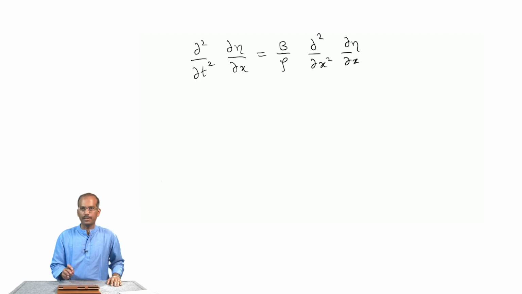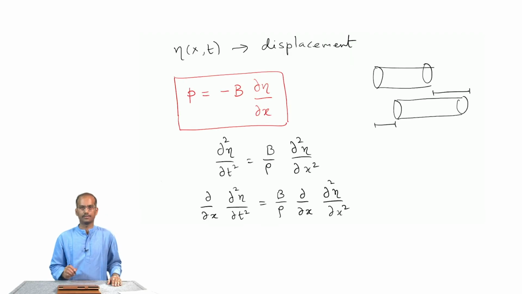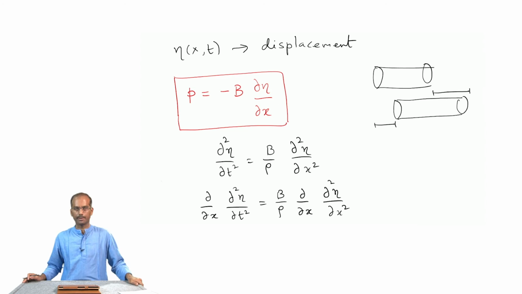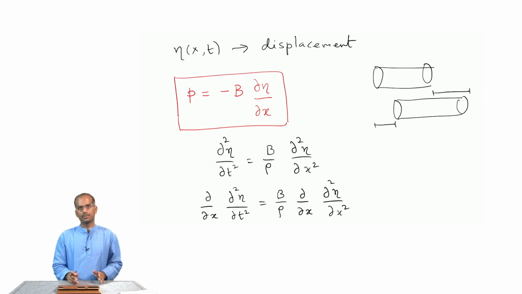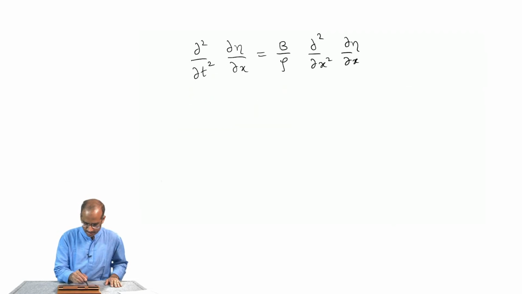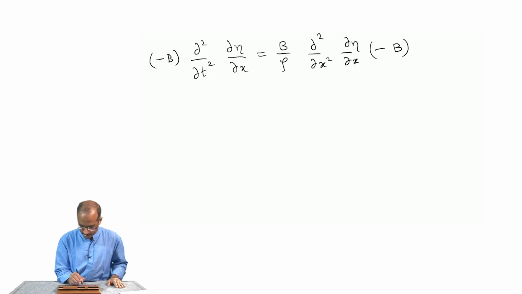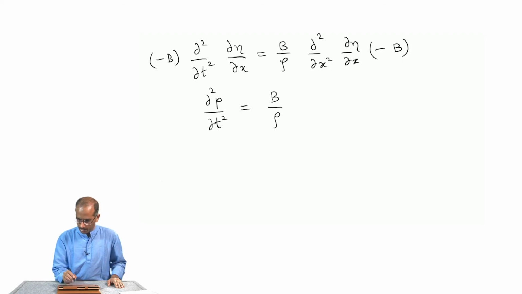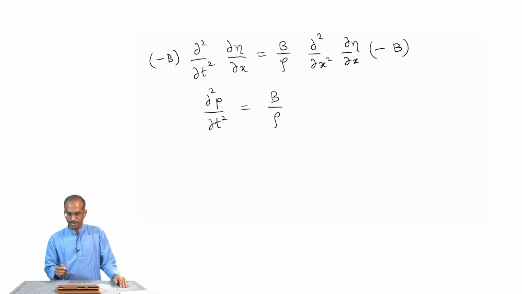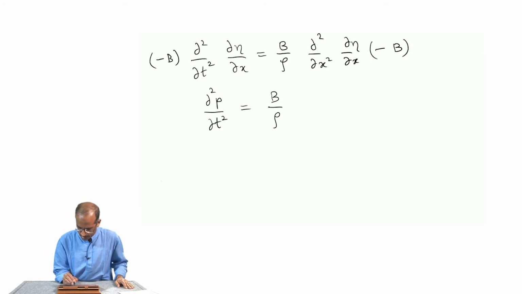Now let us appeal to the relation that I have here. This P is equal to minus B times dou eta by dou x. So, if I want to write my wave equation in terms of P, let us multiply both sides here by minus B. Now you will see that minus B times dou eta by dou x is simply P. So, this left hand side would become simply dou square P by dou t square, and that is equal to B by rho, and here again it is the same thing: minus B times dou eta by dou x is P. So, I am going to have dou square P by dou x square.